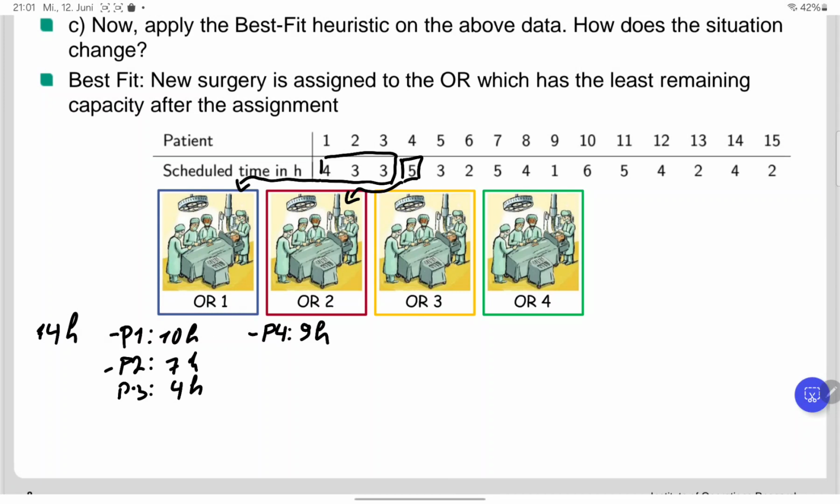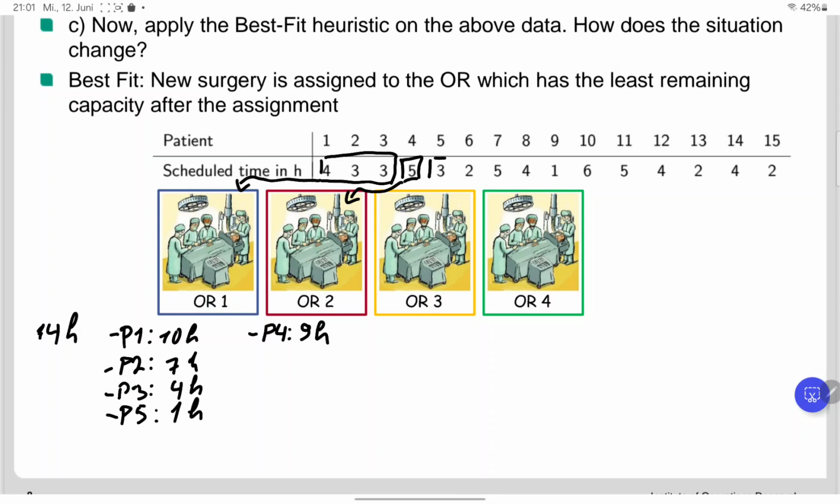If we would assign it to the first operating room, we would be left with just 1 hour of capacity. And this is what we want. So that means we now assign the fifth patient to the first operating room, and we are left with only 1 hour of capacity here.